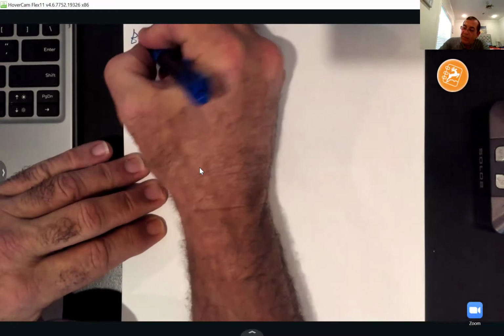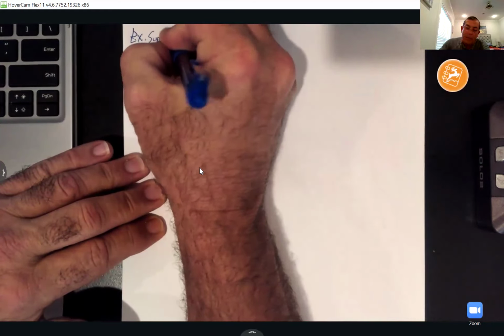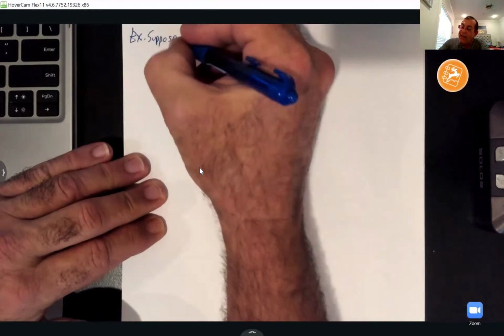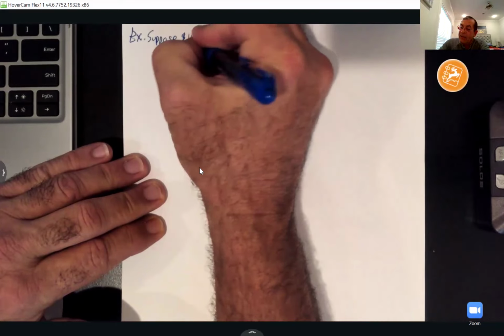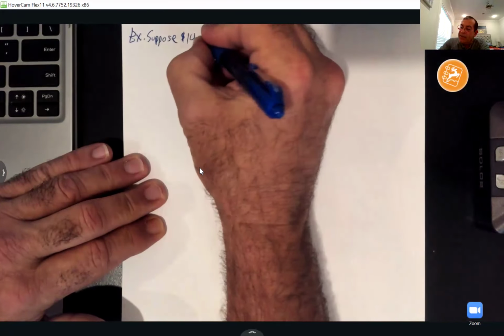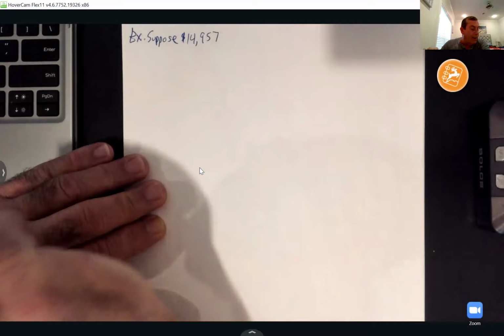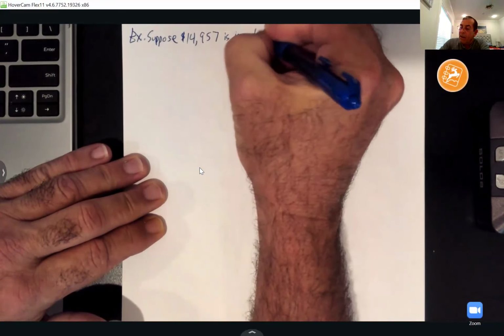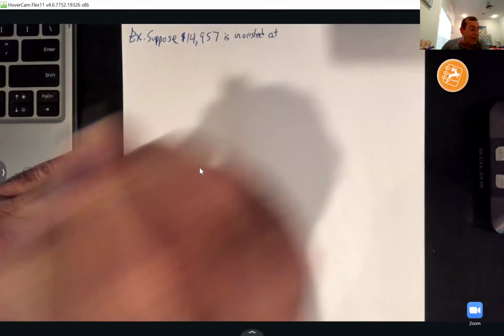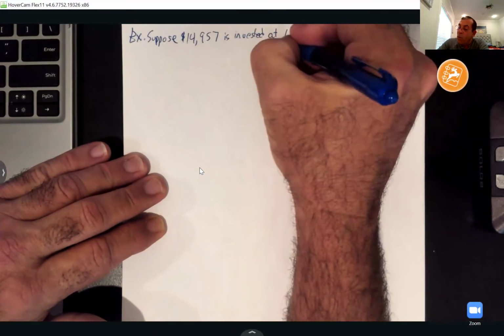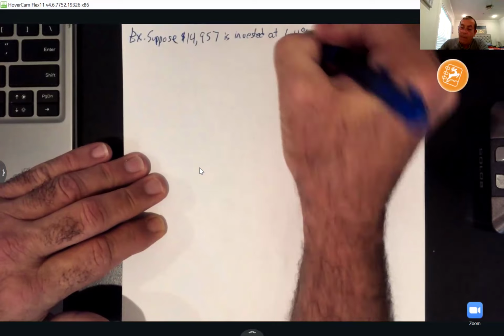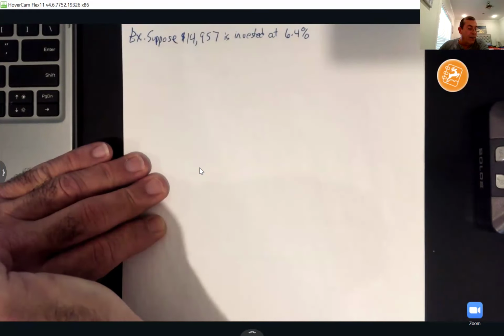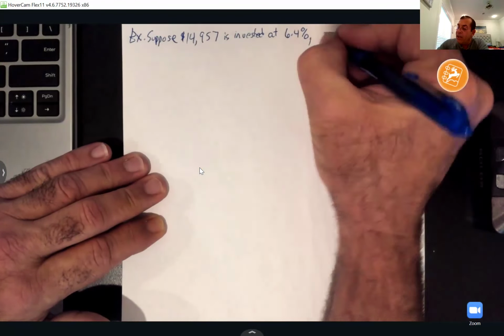So this one says, suppose 14,957 is invested at 6.4% compounded continuously.